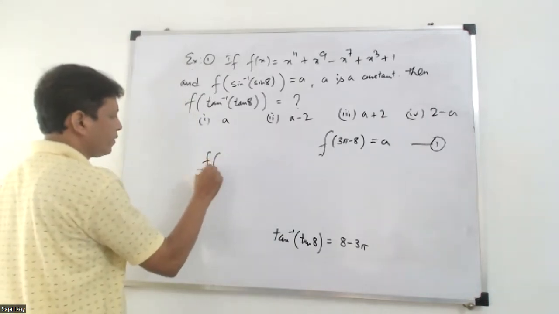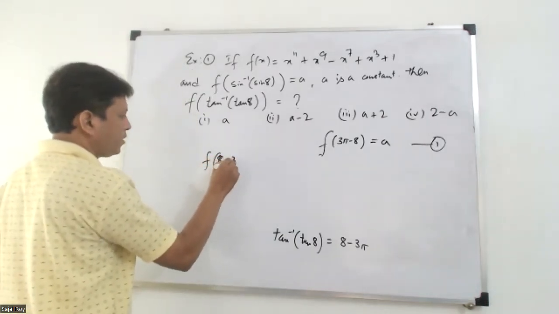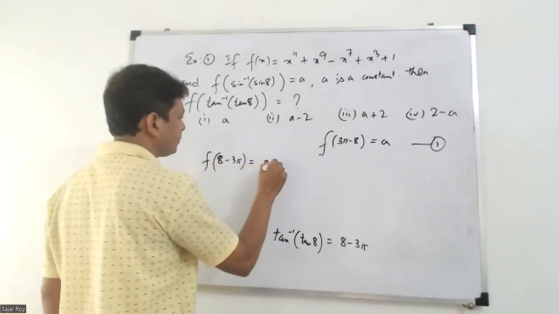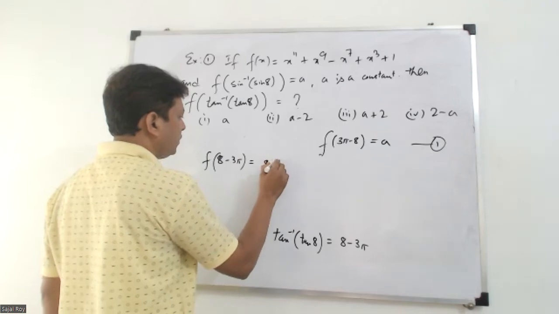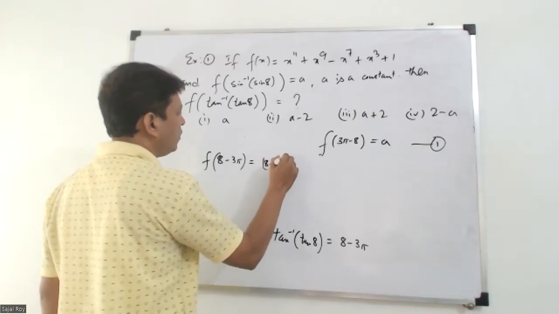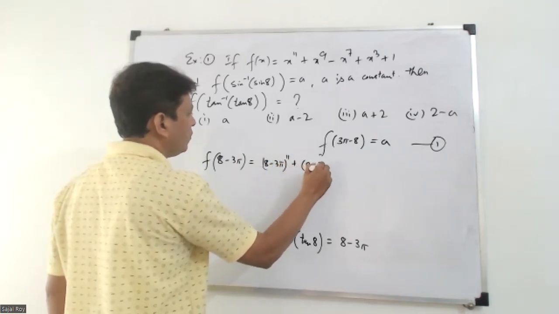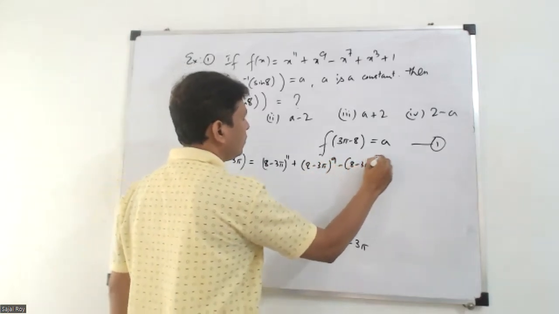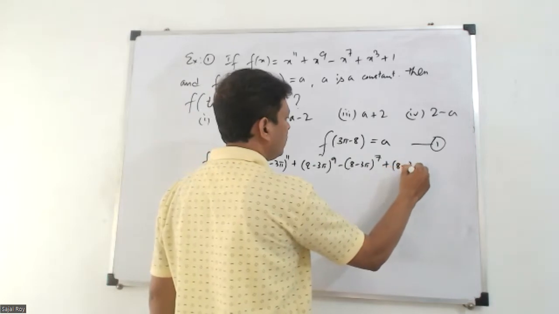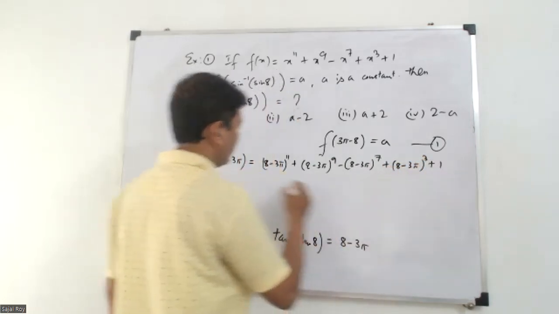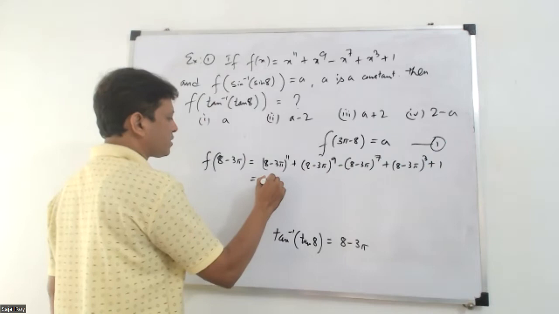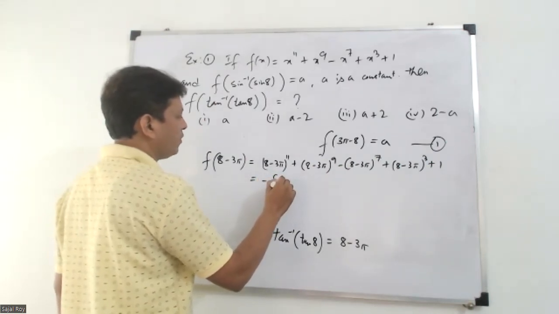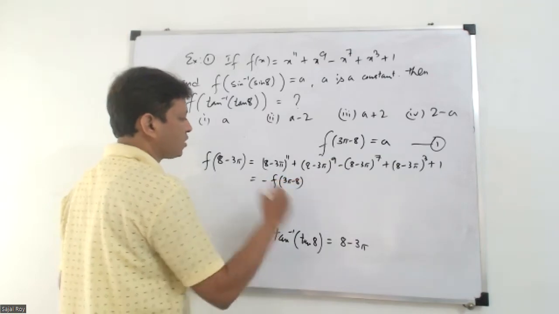So 8 minus 3 pi equal to... okay. Now if you take minus, it will be f of 3 pi minus 8.